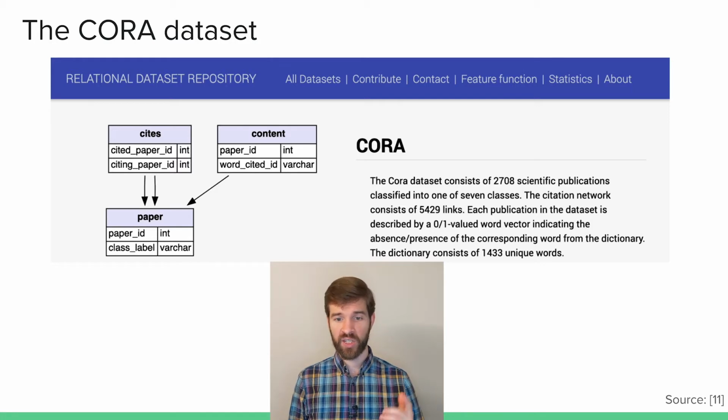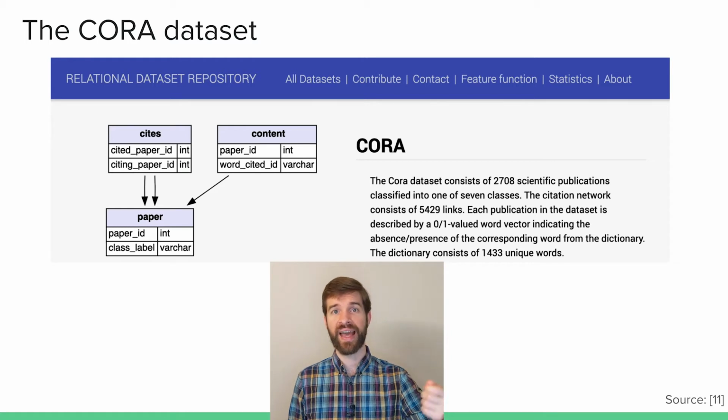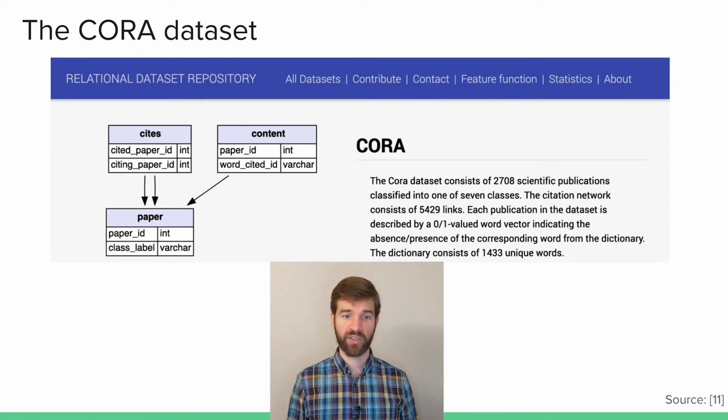We also have some features that describe each paper, where we have a dictionary of 1,433 unique words. And whenever one of those words appears in that paper, then we would get a 1 there. Lastly, we have each publication in our dataset being classified as one of 7 categories of research fields, and this is exactly what we're now trying to do.